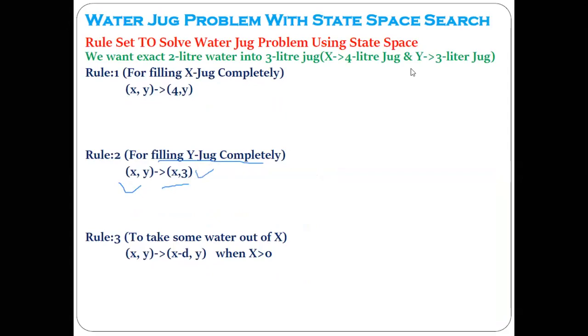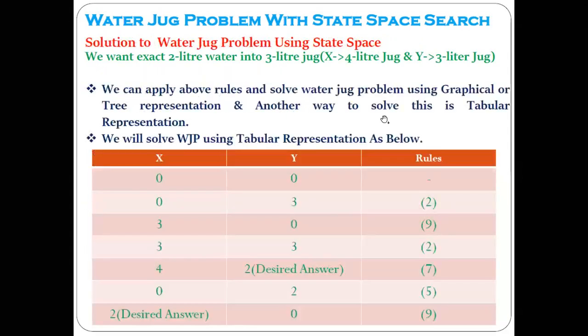Then in the third step, we'll pour the water from the second jug into the first jug. If you want to pour everything from the second jug into the first jug, then you have to apply rule number 9.